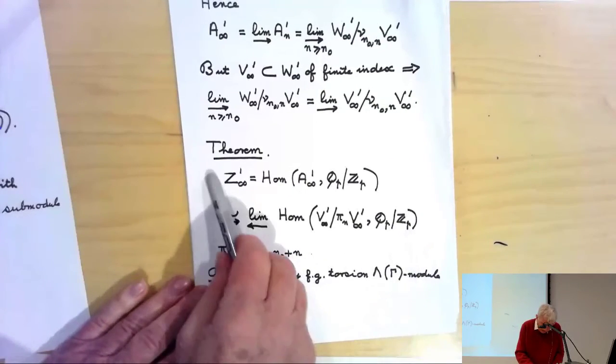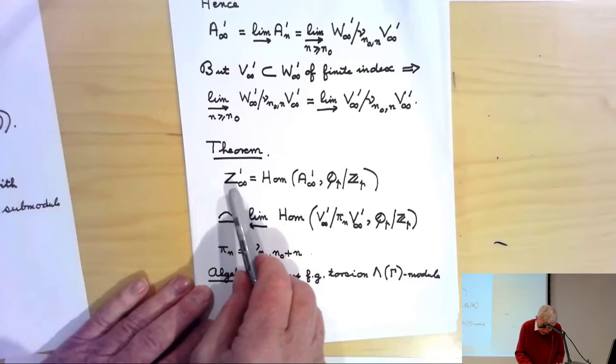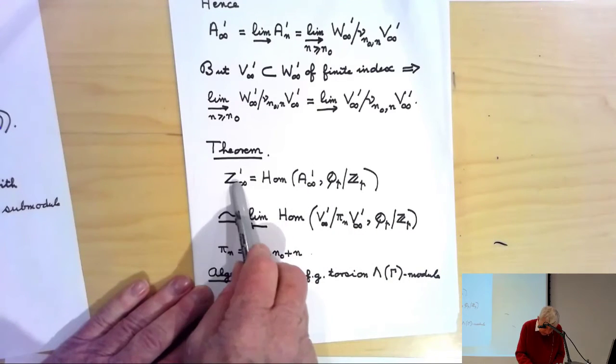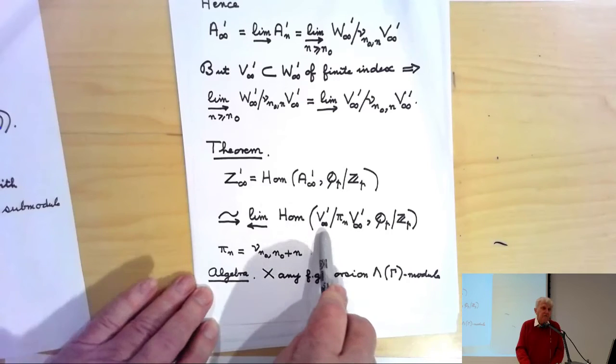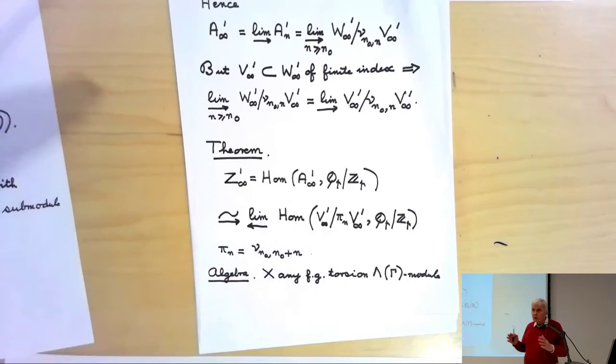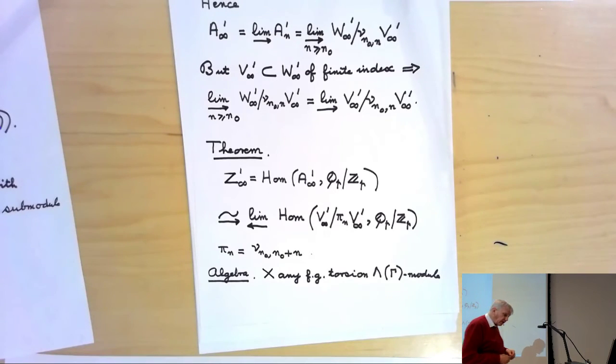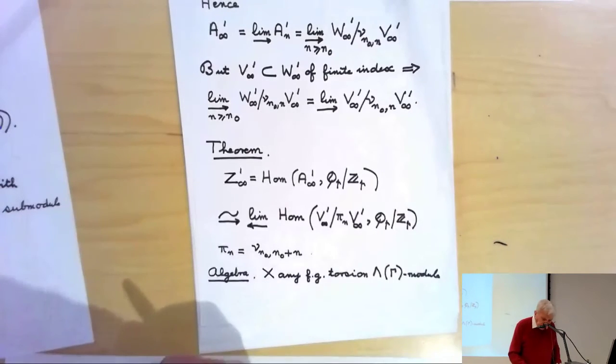So this is this rather strange relation between Z infinity prime and V infinity prime. They're both compact lambda gamma modules. I'm sorry, I'm sloppy about some of the details in the middle, but this is what Iwasawa shows.